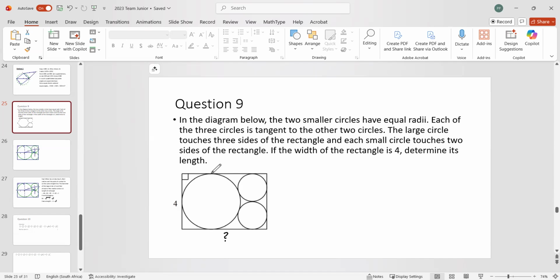If I draw the diameter of the circle, starting from the point of contact, the diameter will go through the center and keep going on. It has to come to the other edge, because it goes through the center of the circle.